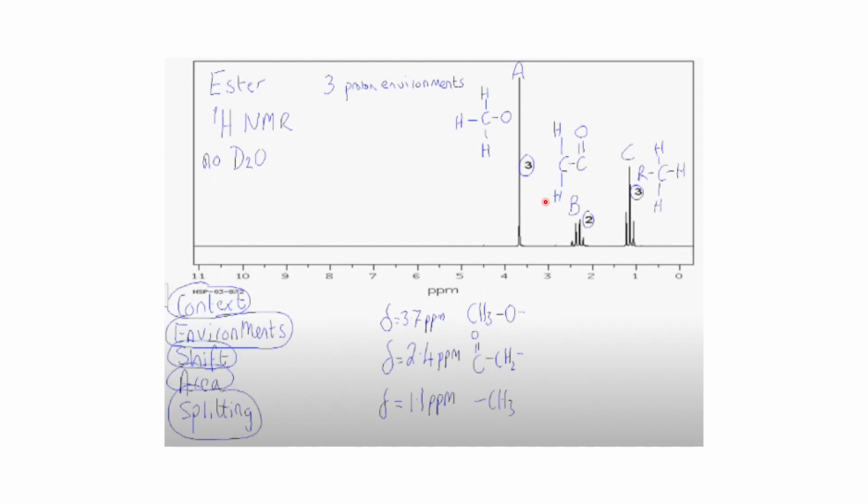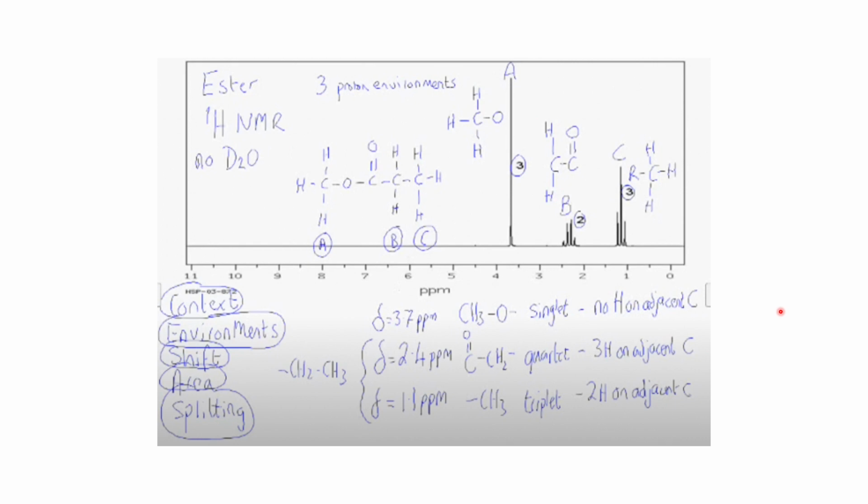So for peak A, there are 3 identical hydrogens in the environment, which makes a CH3 group next to an oxygen. There are 2 protons in environment B, so there's a CH2 group near the carbonyl carbon, and there are 3 protons in environment C, so that is an alkyl methyl group. So we have got a list of all the fragments of our molecule.